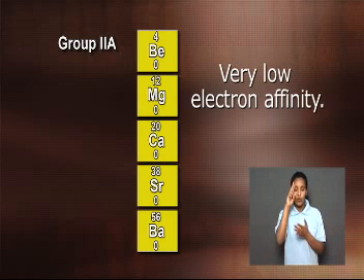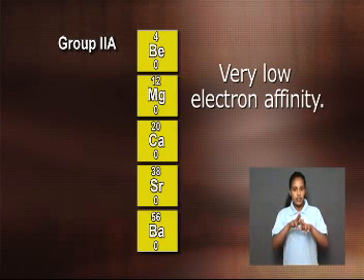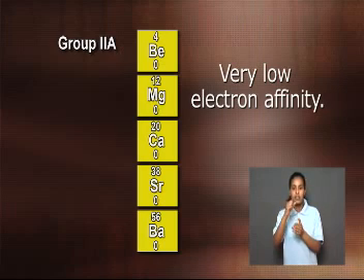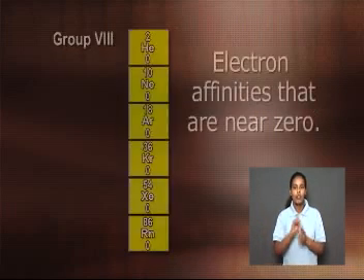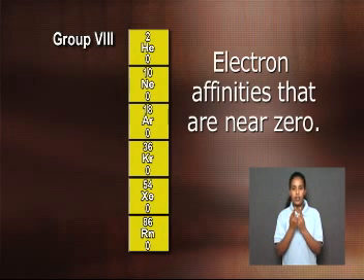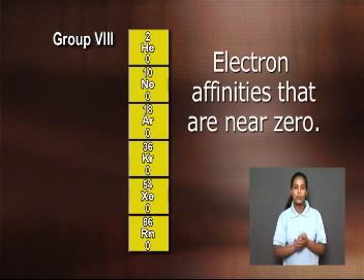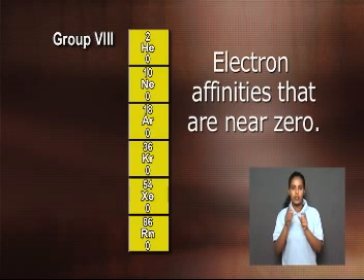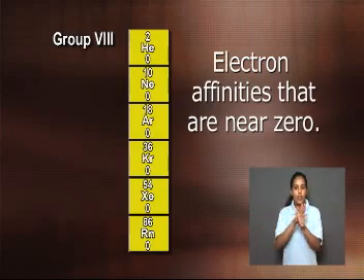This is because these elements are stable due to having filled s subshells. Group 8, or the noble gases, have electron affinities that are near zero. This is because their atoms have stable octets. They do not require electrons to be filled.